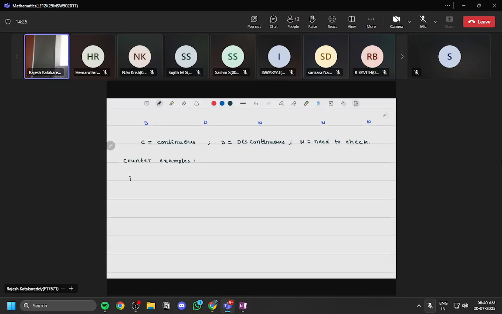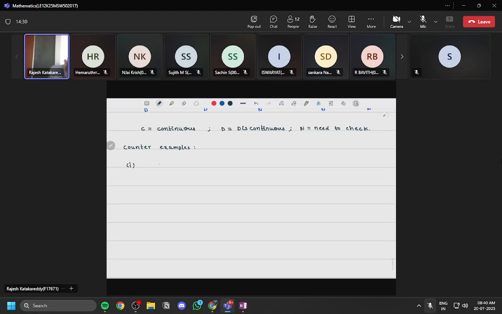So in counter example one, let f of x equal x and g of x equal signum of x. We can say f of x is continuous at 0, signum of x is discontinuous at 0.